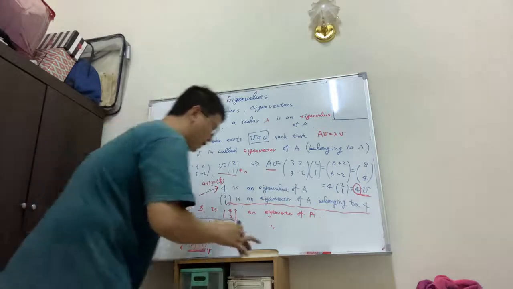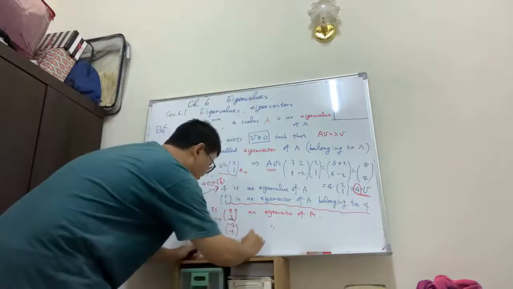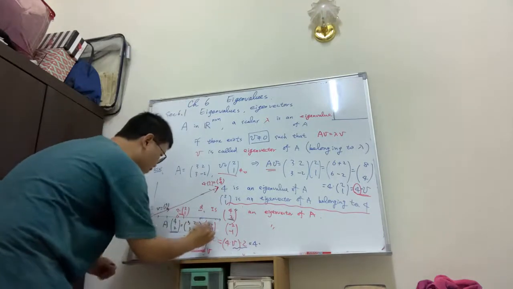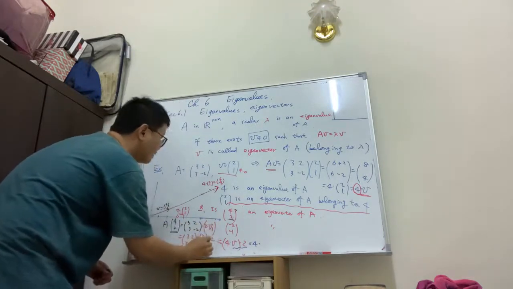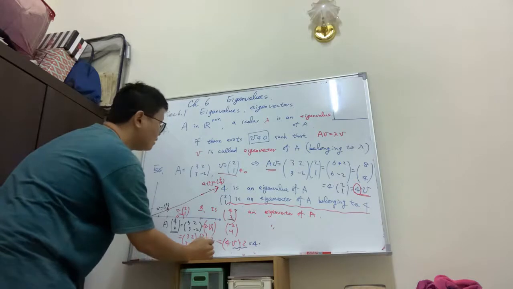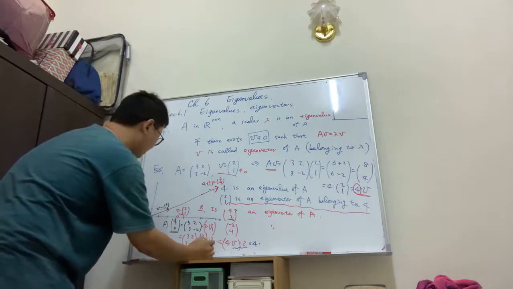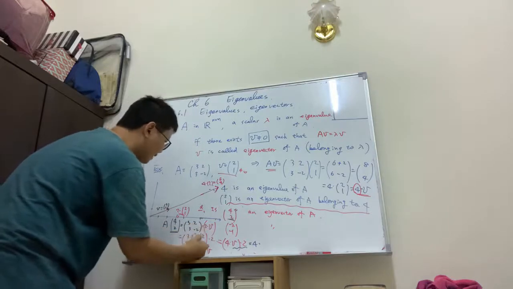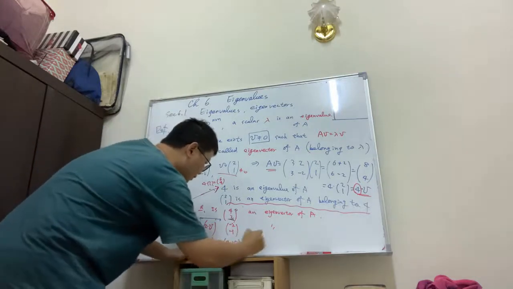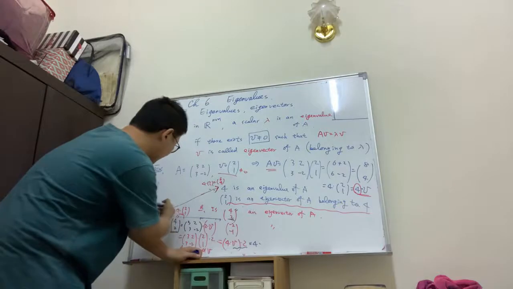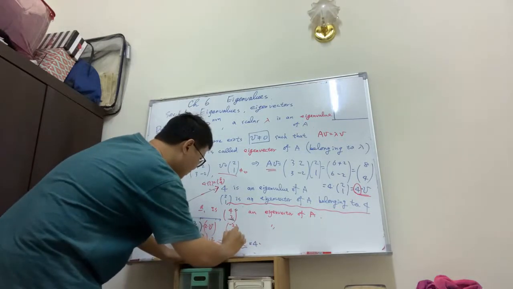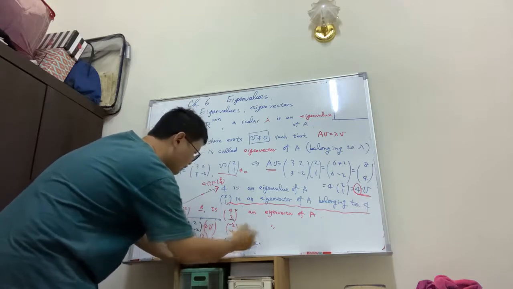So what we get is 4 times 2v, where v1 is (2, 1). And 2v is actually (4, 2), since v is (2, 1).